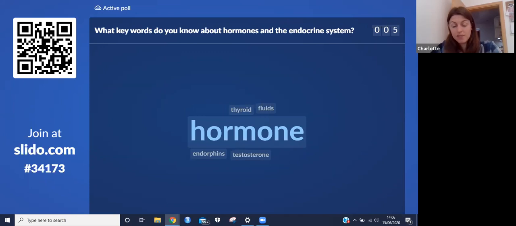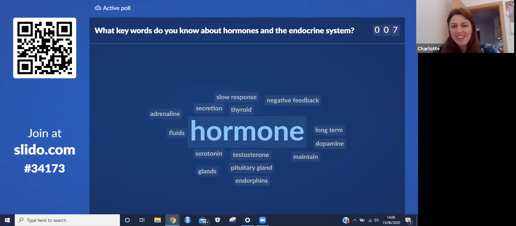Good, loads of stuff coming through now. Testosterone, serotonin, the thyroid, endorphins, fluids, maintaining fluids. Those are really good. Hormones, the key word here. Lots of people putting hormone, brilliant. Dopamine, negative feedback, slow response, secretion, adrenaline, glands, pituitary gland.